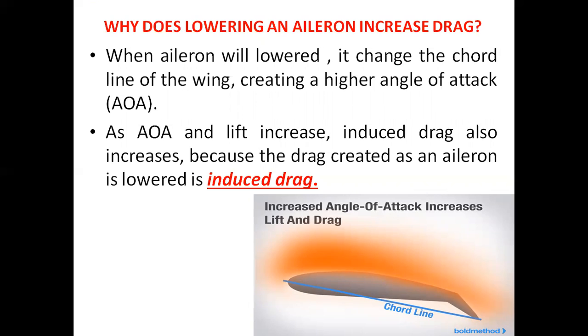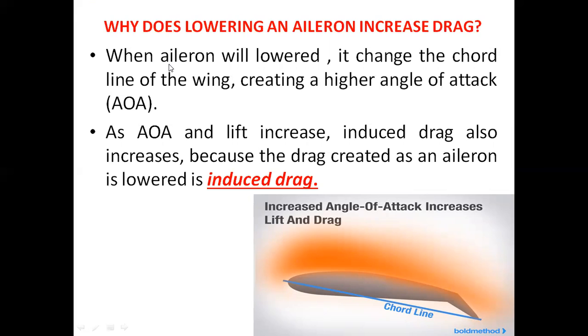Now the question is, why does a lowered aileron increase drag? Basically, if the aileron is deflected downward, it will create more lift, and due to that lift, drag will be created, which is known as induced drag.